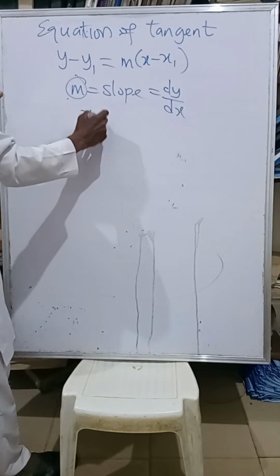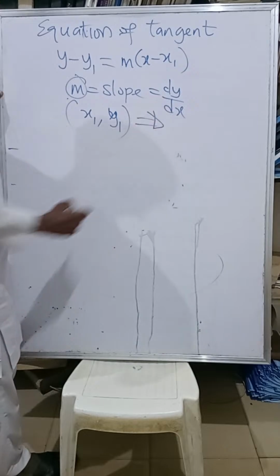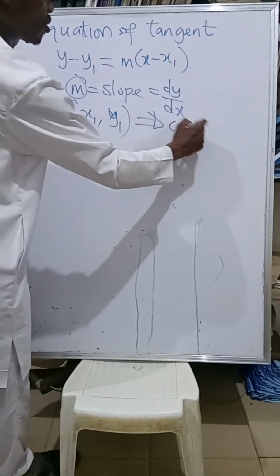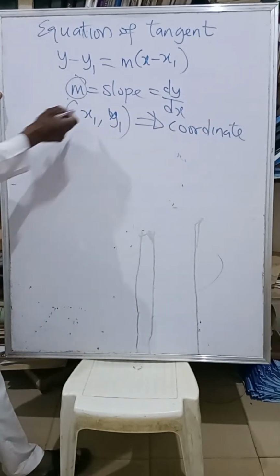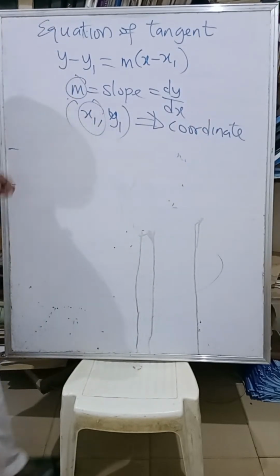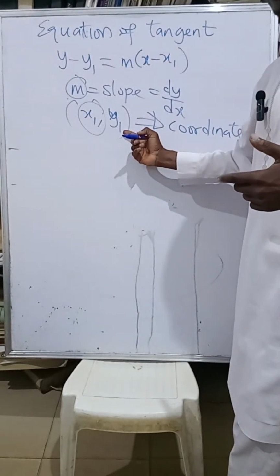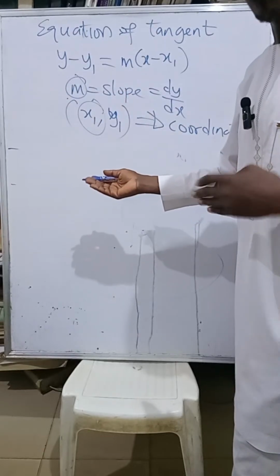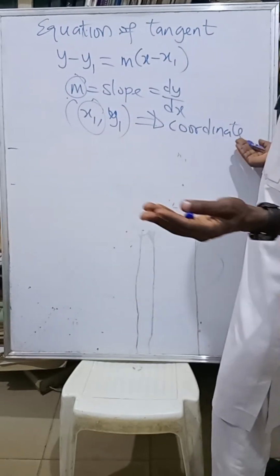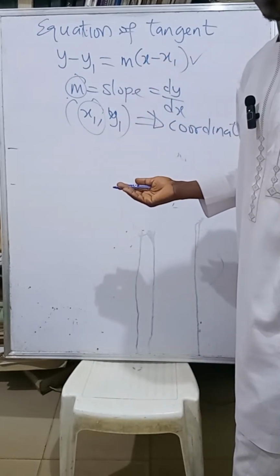The x1, y1 are the coordinate points. So if one is given, you go to the original equation and plug in that point and get the second point, because the coordinate must be complete. It must be x and y. So once you've gotten that, you make your substitutions and get the equation of the tangent.